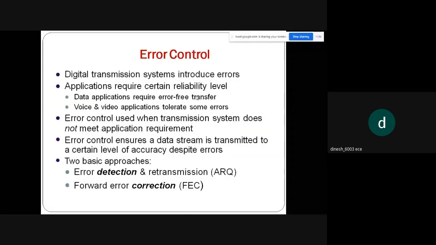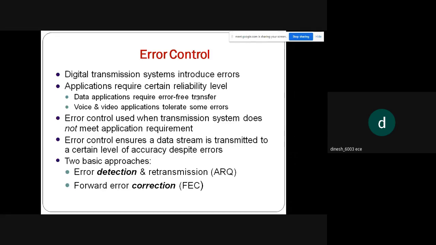So what is an error? An error occurs when digital transmissions are being done. We have continuous signals, and those continuous signals are converted into discrete signals. These discrete signals are transmitted, manipulated, and obtained.